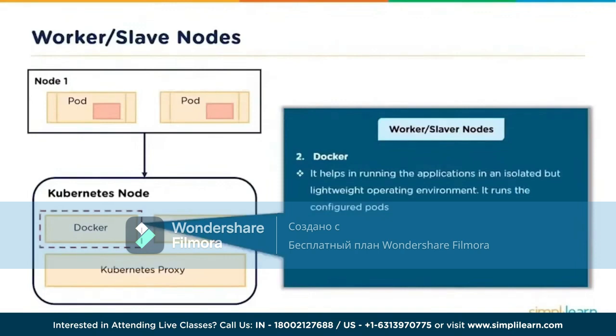The most important component, in my opinion, that should be on the node is the container runtime. As I mentioned earlier, Kubernetes can run different types of containers, not just Docker. So in case you want a node which has Docker running on it, RKT running on it, LXC running on it, or any other container environment, you have to ensure that the specific container runtime environment is available on that specific node.